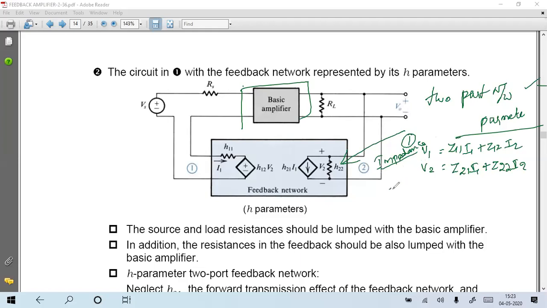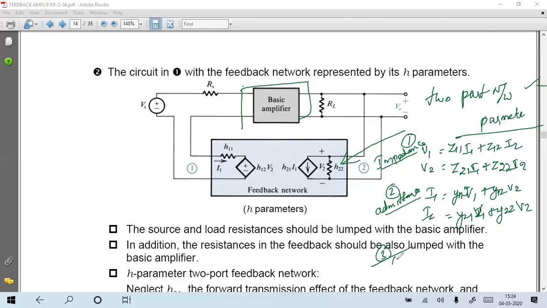Similarly, one more is the admittance parameter. In the place of V1, V2 on the left hand side, we have I1, I2. So I1 equals Y11 V1 plus Y12 V2, and I2 equals Y21 V1 plus Y22 V2. What about the third network?